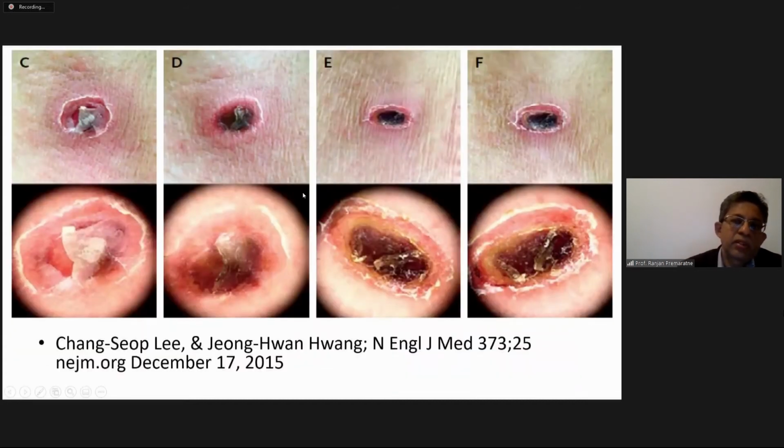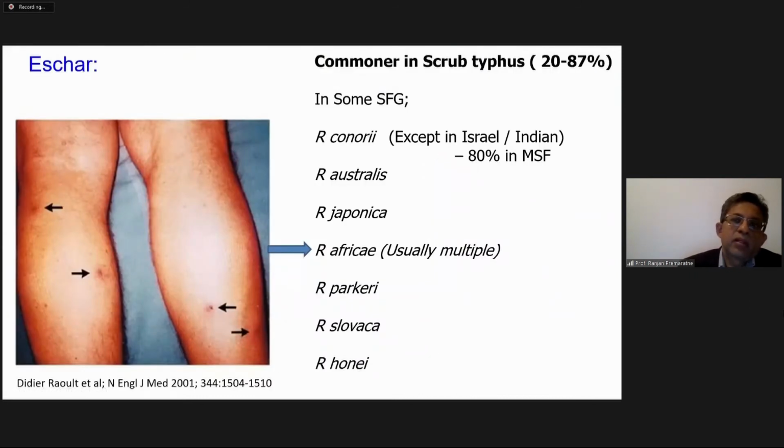So this is the evolution of the scab over about 7 to 10 days. Initially a blister, then it's going to dry up to a black scab, and this occurs over about 7 to 10 days. So the eschar is seen in about 20 to 87% of scrub typhus patients.